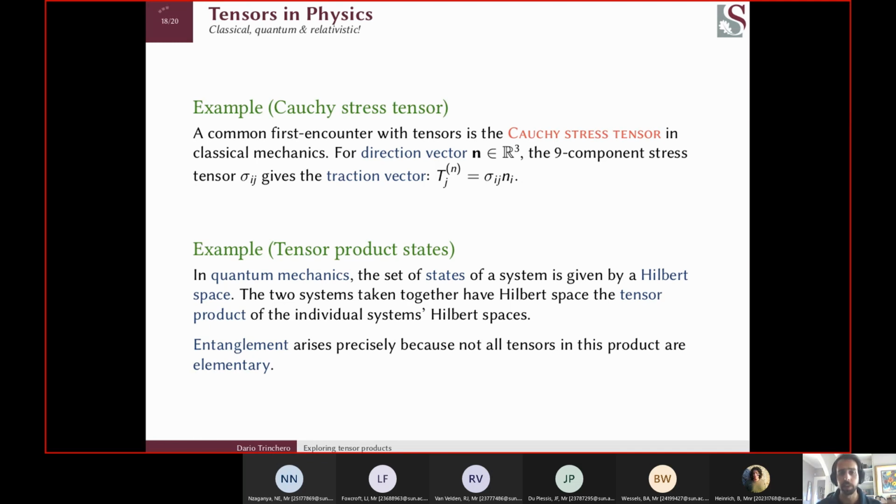And this arises precisely because of higher rank tensors, precisely because every tensor is not necessarily elementary. I'm not going to make that connection entirely clear because I can't really define all of the stuff in quantum mechanics to get to it, but essentially it comes from that.